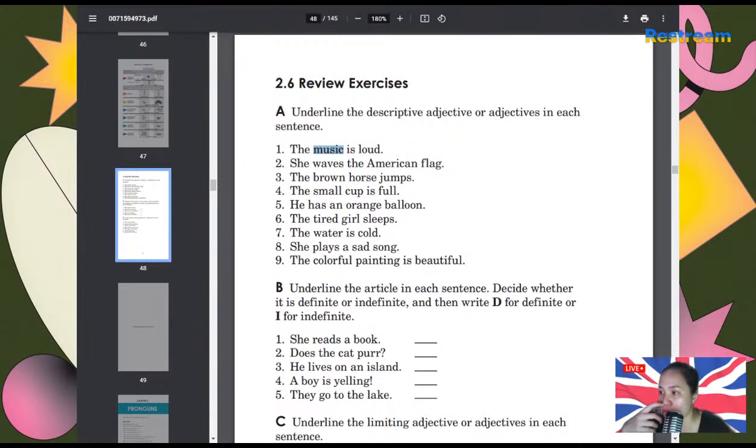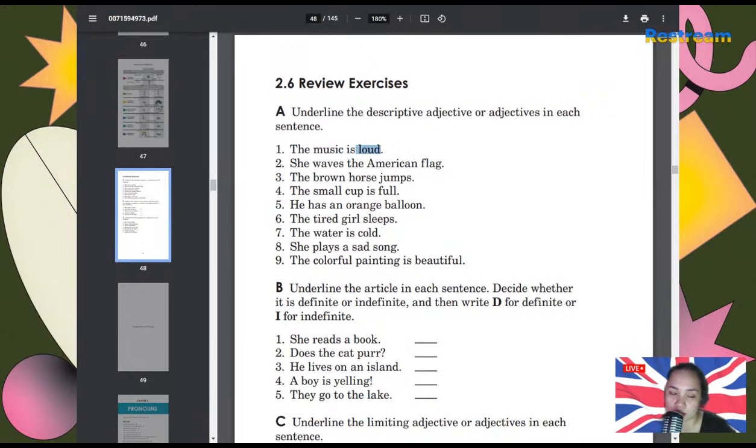Good job. The noun is music, while the adjective is loud. This is a predicate adjective because we have a linking verb, is, before the adjective loud.